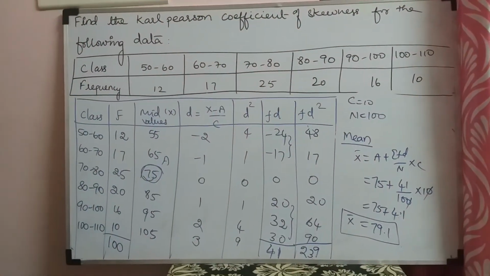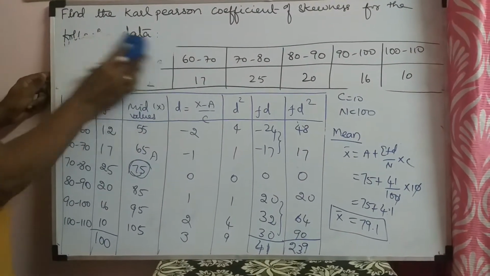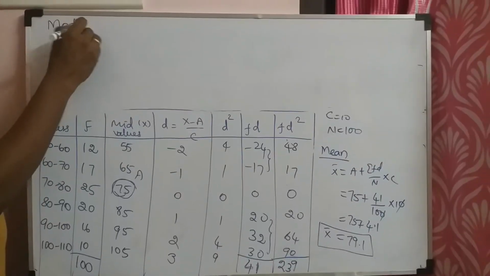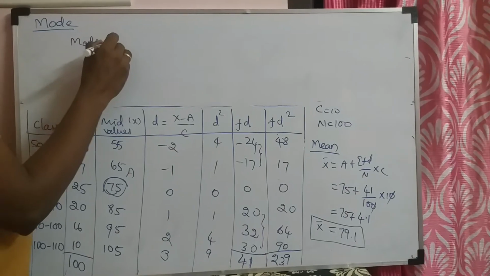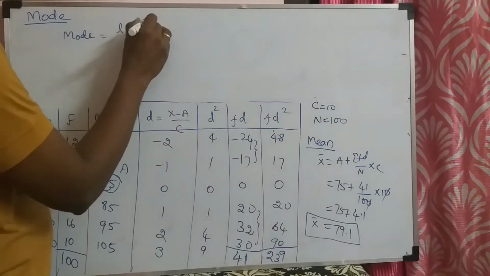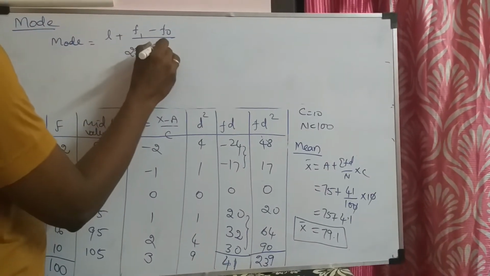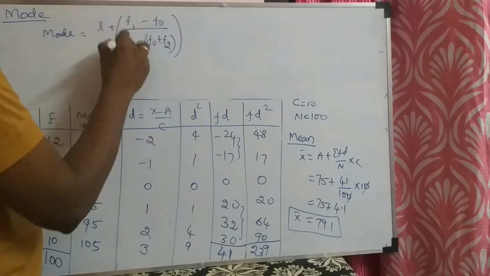Okay, next we are going to find the mode. The formula is L plus F1 minus F0 divided by 2F1 minus F0 plus F2, into C. This is for the continuous series.